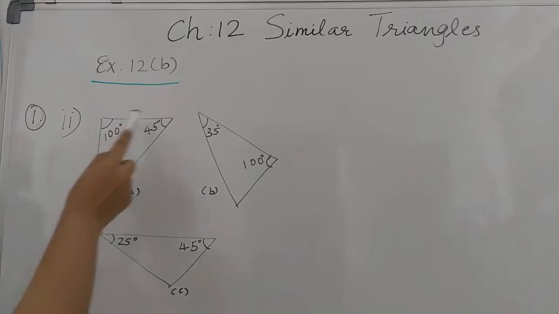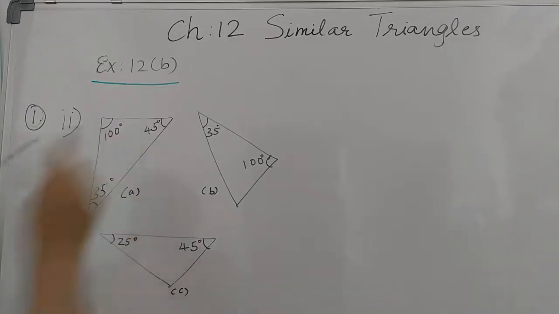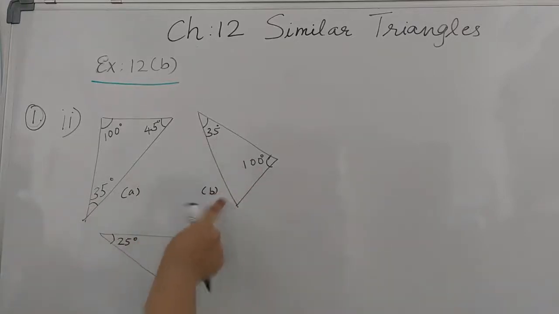This angle is 100 degrees, this is 45 degrees. So the third angle must be 35 degrees. By angle sum property, you add 100 plus 45, 145, and subtract from 180 so that I get 35 degrees. Similarly, in the other triangle, one angle is 35 degrees, another is 100 degrees.